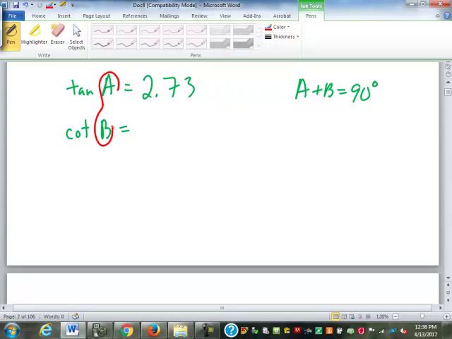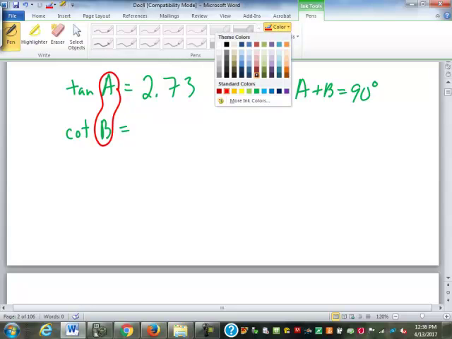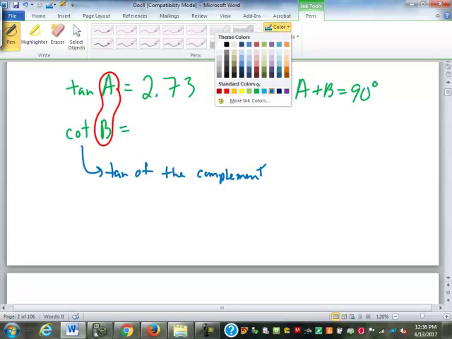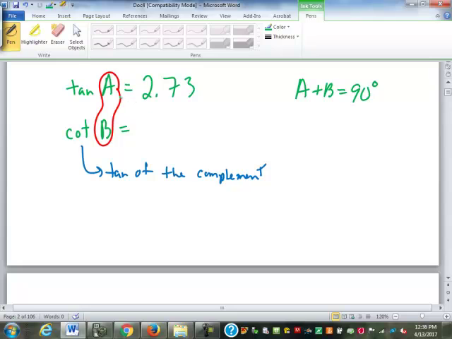These two are once again complements, right? Cotangent means the tangent of the complement. So it better equal the tangent of A if they're complements, right? 2.73. It better be the same. So I don't have to have the angle there as long as I know that those are complements. They add up to 90 degrees.